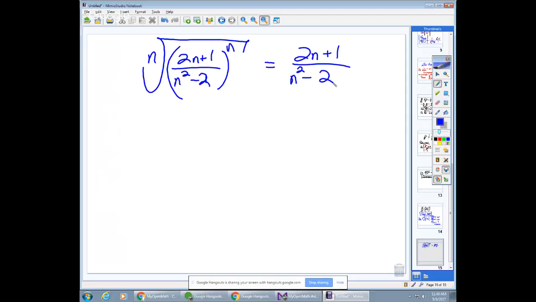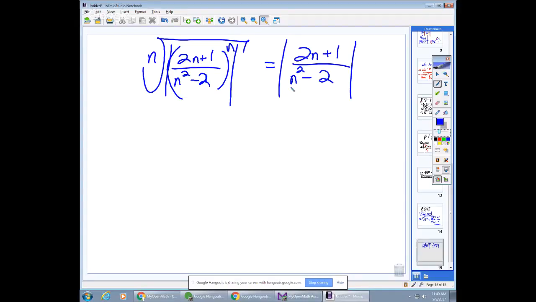Now, I ditched the absolute value, which I guess was a dangerous thing, so I should put it back in. Let's see, where's it go? No, it goes out there, sorry. Because for odd powers of n, this could be negative. For example, when n is 1 in the denominator, I'm going to have 1 minus 2, which is negative 1, which is a problem for the root.